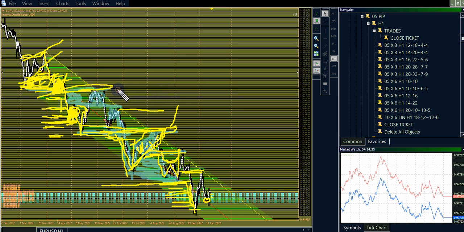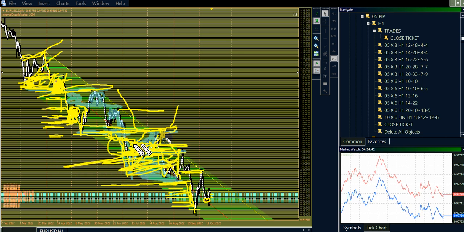I mean, this is a good 500 pips. 500 pips of just nutsville. Like, these people are nuts. So the reason it's difficult to trade is because it makes no sense.